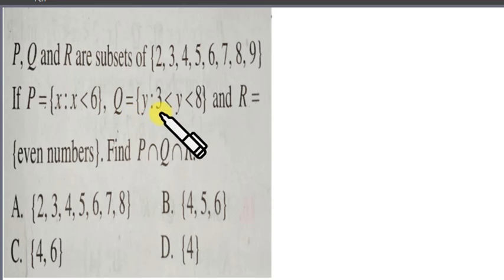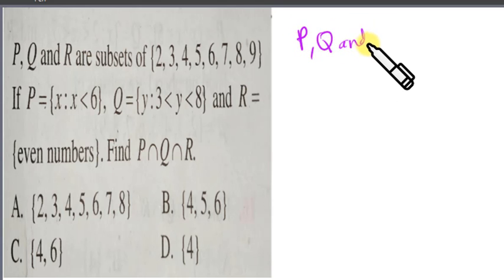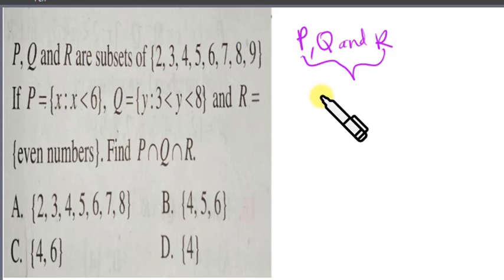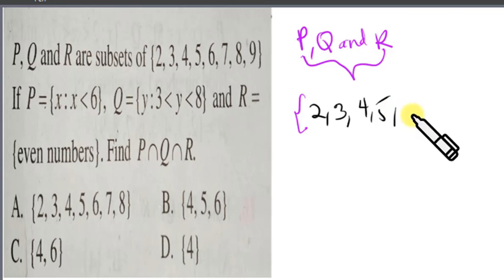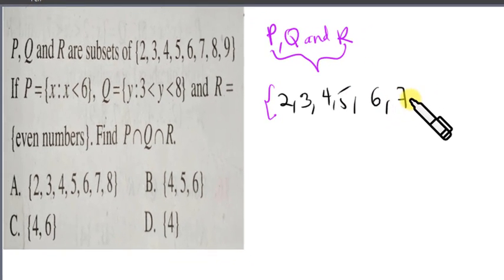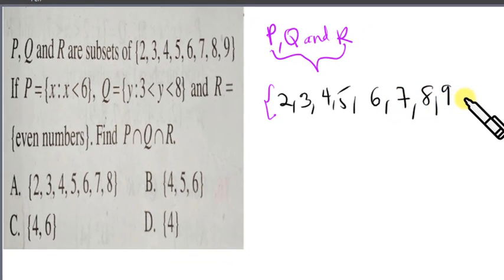Now, the first thing that we have been told is that we have three sets. So let us name these sets. We have the set P, we have the set Q, and of course we have the set R. And we are told that all these three sets are subsets of a set of elements which comprise 2, 3, 4, 5, 6, 7, 8, 9.